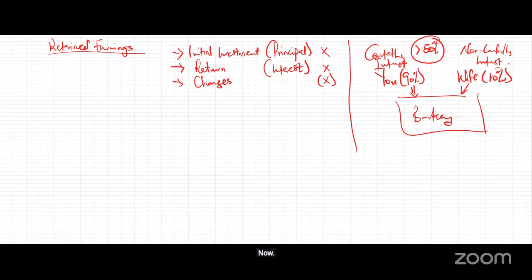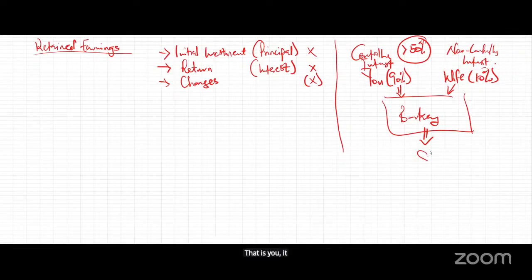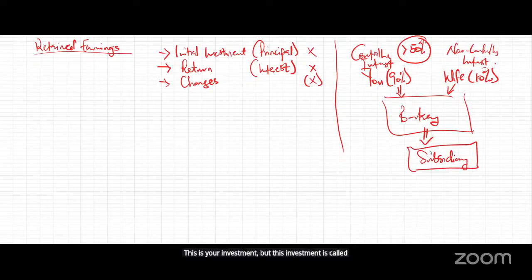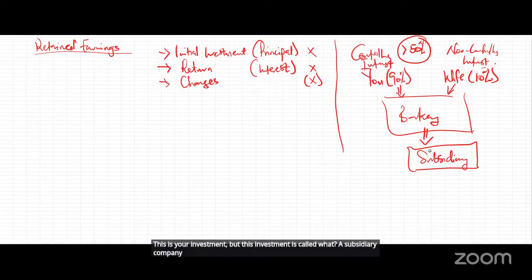Now look at this. Some people's background is noisy. This bakery, to this guy, that is you, becomes what we call a subsidiary. This is your investment, but this investment is called a subsidiary company. Why? Because you have control over it.